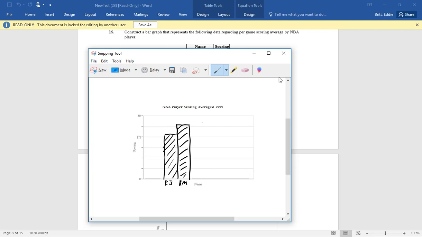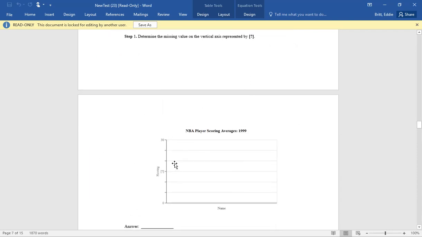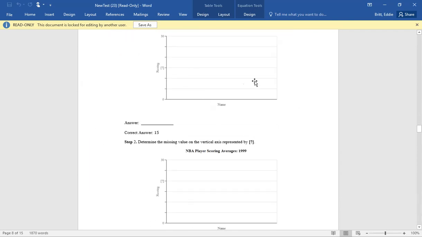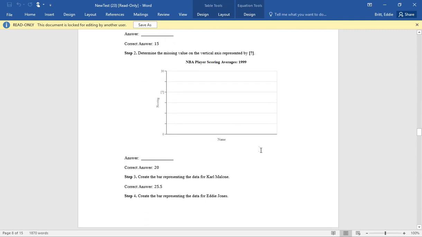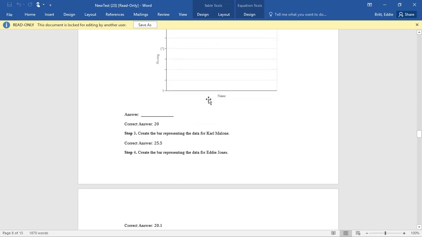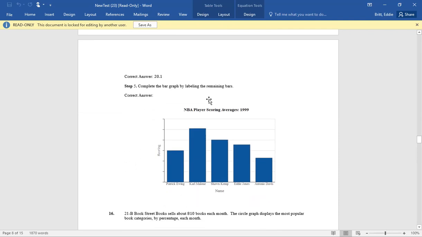Okay, so it's not too hard to do that. And if you're doing this out by hand, I'd probably just put it on one of these graphs since it didn't give you something to put it on. Just put it on the one for step 2. That's what makes the most sense. Down here, complete the bar graph by labeling the remaining bars.